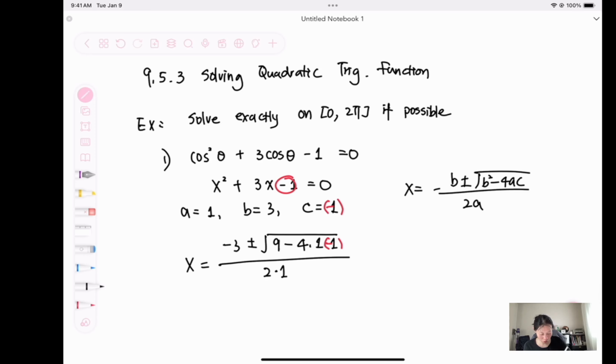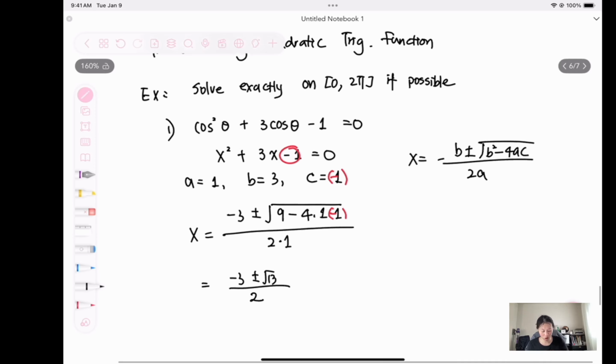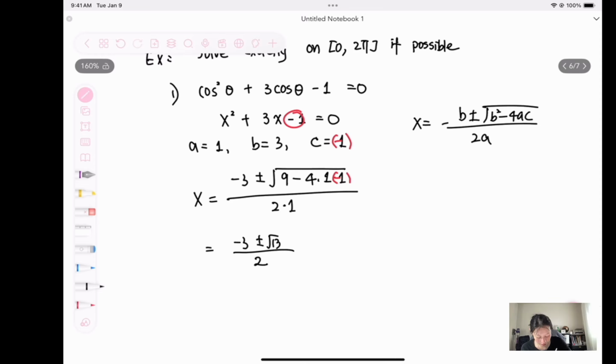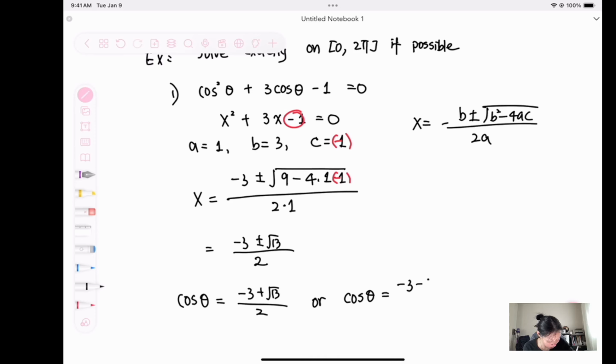So our solution would be -3 plus or minus square root of 13 over 2. So that means our cosine theta is going to have two solutions. Either cosine theta equals -3 plus square root of 13 over 2, or cosine theta equals -3 minus square root of 13 over 2.